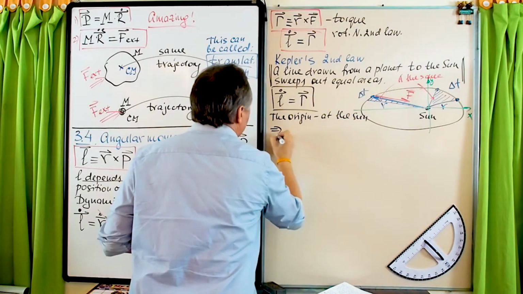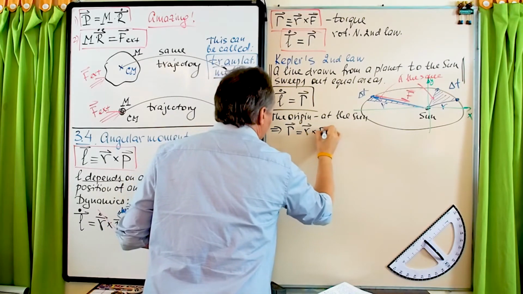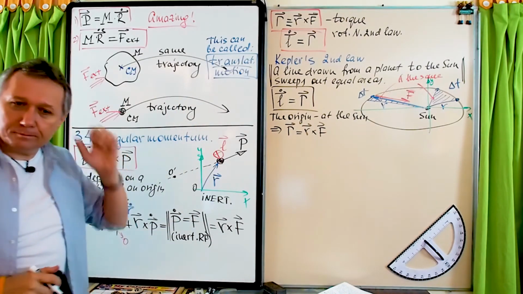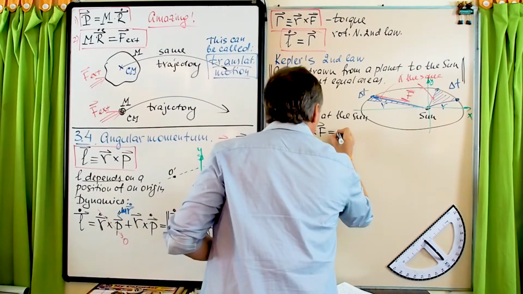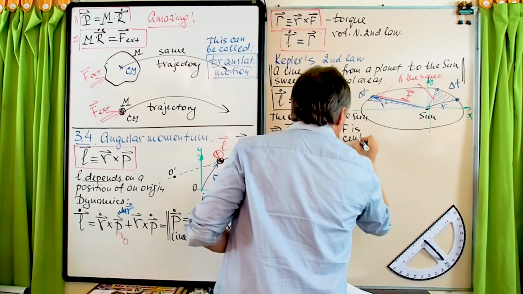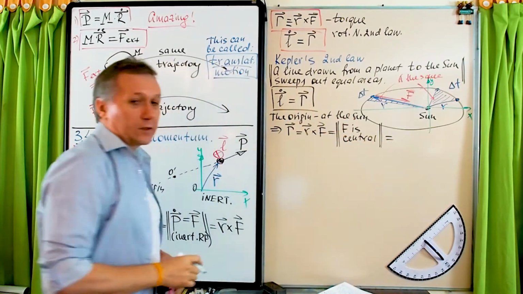As a result, the torque, which is R cross F, since F is central, will of course be 0.